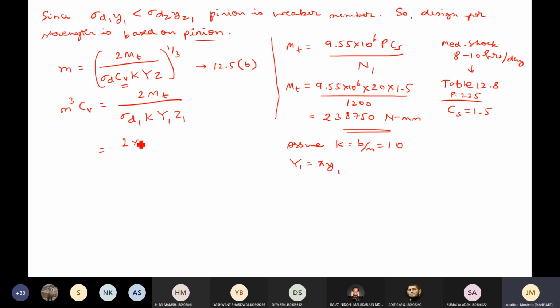So I'll substitute now 2 into 238750 by sigma d1, which is 220.6, K is 10, this is pi into y, y is how much, 0.103, into 18. Okay, so what should be m cube CV value? Can you please calculate and tell me?